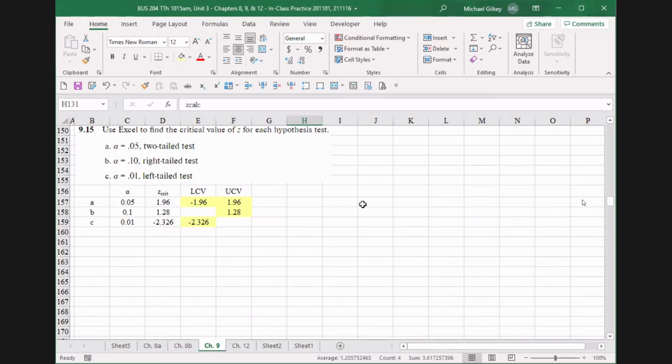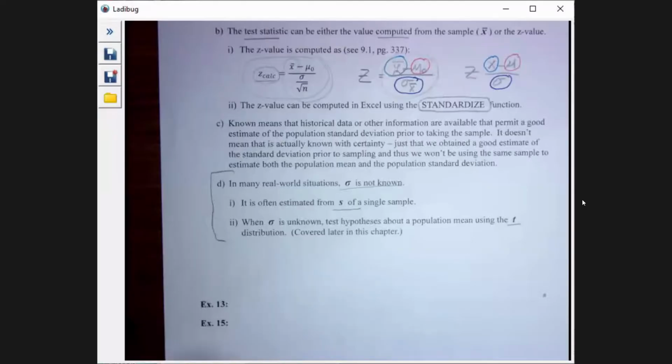And so now here's the thing that really bugs me about teaching hypothesis testing. And that is that whole idea of computing a test statistic and comparing it to a critical value. Nobody ever does that.